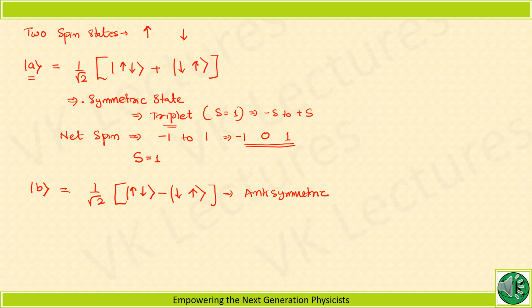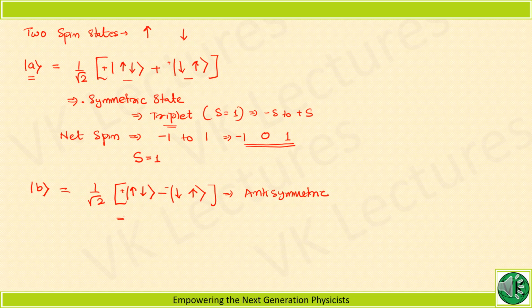If you interchange these states, you will not get the same state again because you have a minus sign. But in the case of A, if you interchange any of these states, you will get the same state because you have a plus sign in between. Both are plus, plus. Here this is plus and this is minus. So this becomes an antisymmetric state.